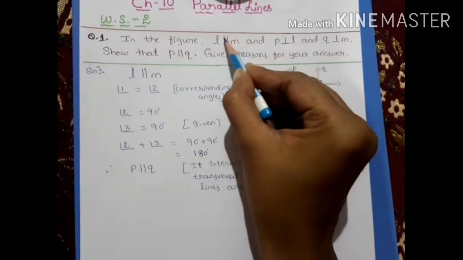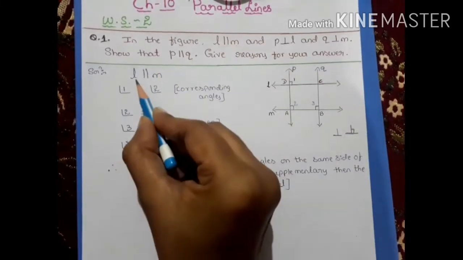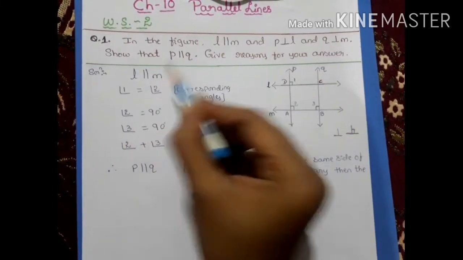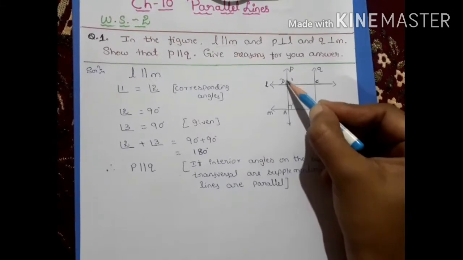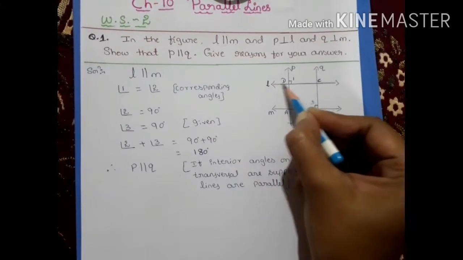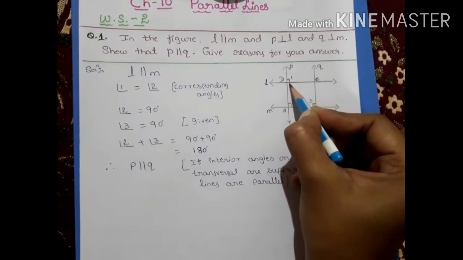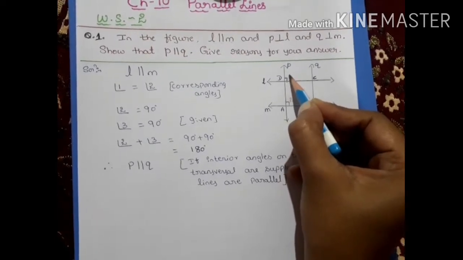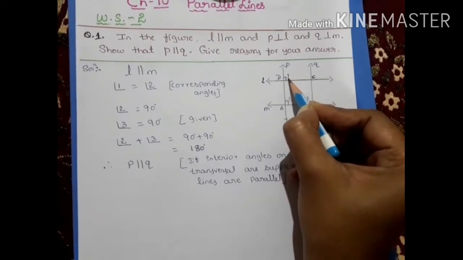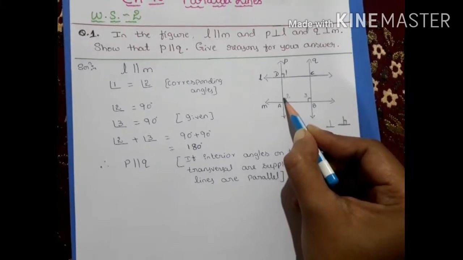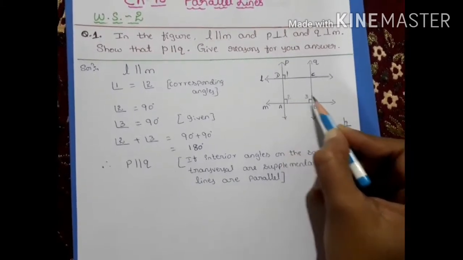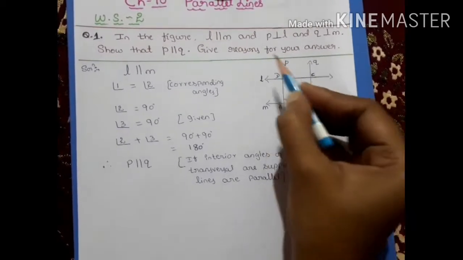Given: L is parallel to M. Write it down. Here P makes a perpendicular on line L, so this is 90 degrees. Write down this is angle 1, and here also write angle 2 and angle 3.